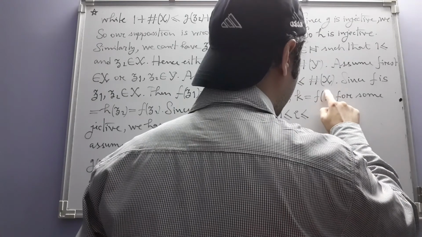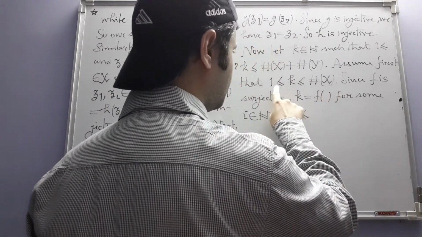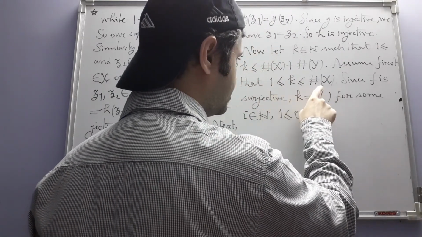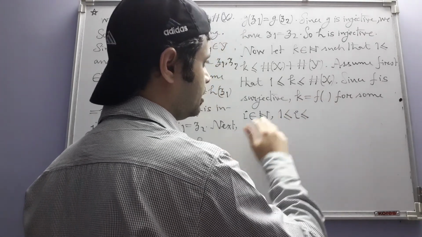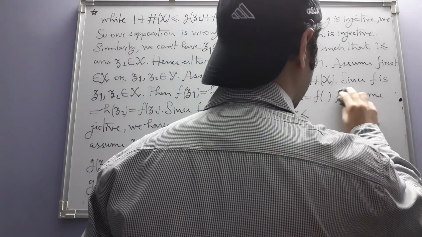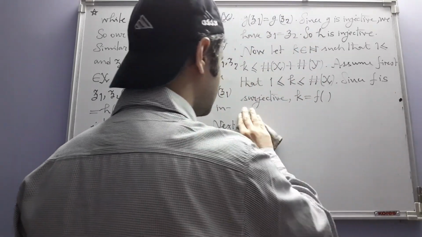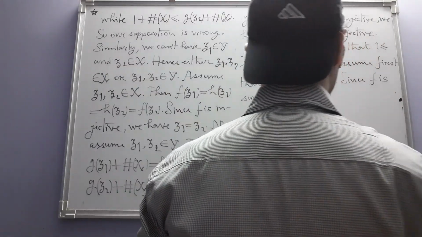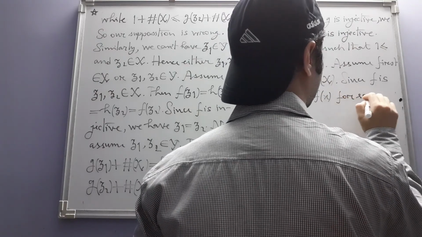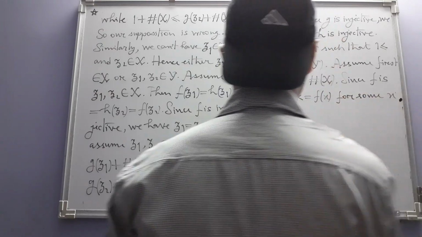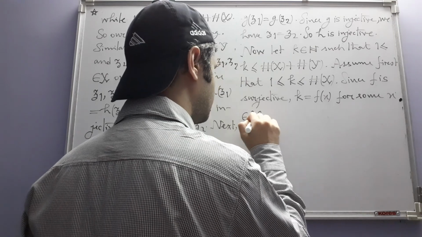It is not F of I because it lies in the range of F. F is a function from X into this set. Okay, sorry about this. This is equal to F of X for some X in X.